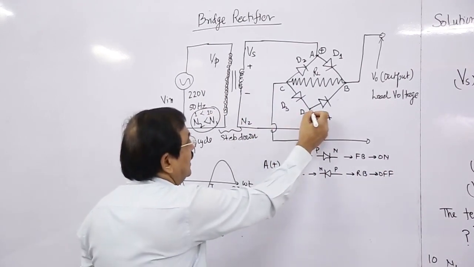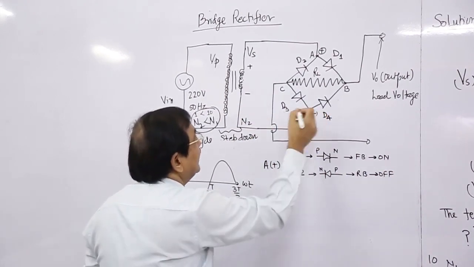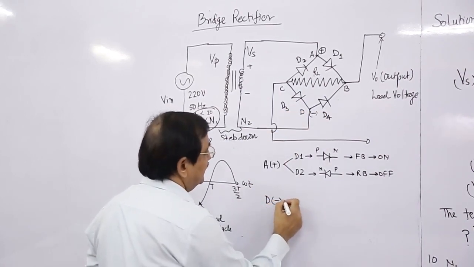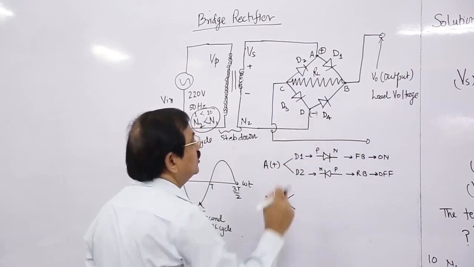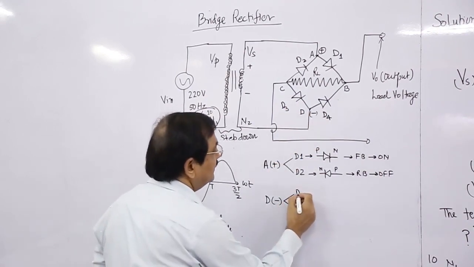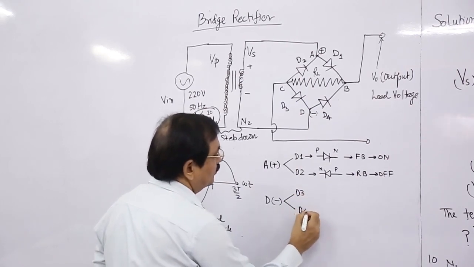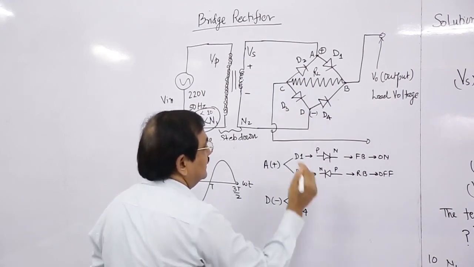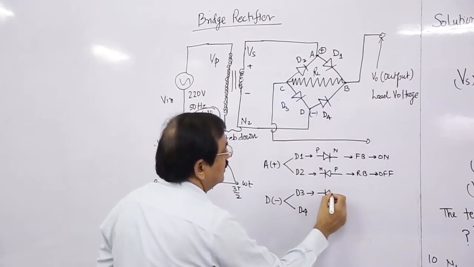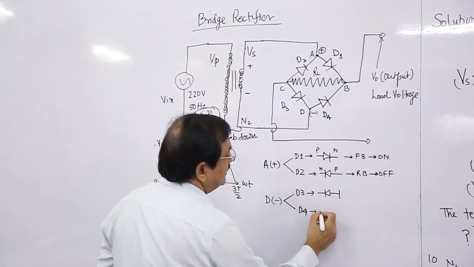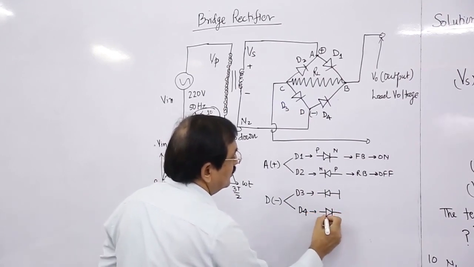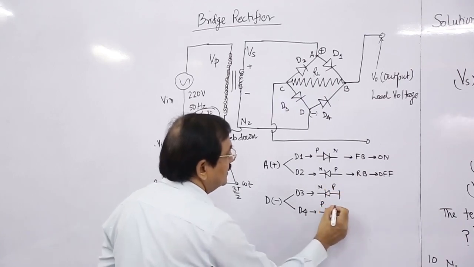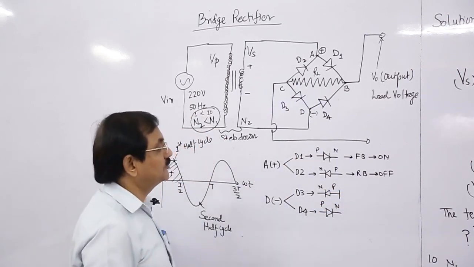Now the second terminal D is negative. Again this D is connected with 2 diodes, D3 and D4. This is N and here it is P in D3 and D4 respectively.